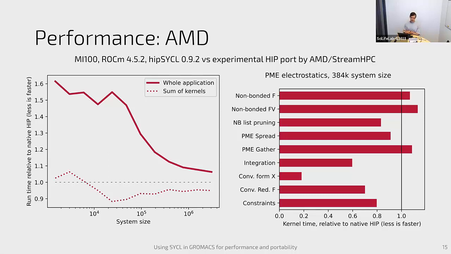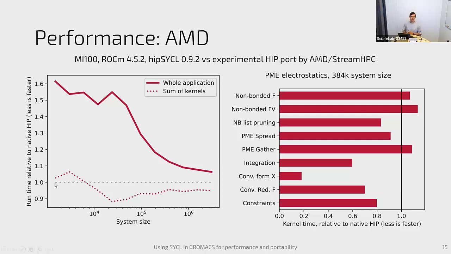And in our investigation, we found out that it's related to the host submission latency. So molecular dynamics is an iterative problem. We want to do many iterations per second. We want to submit a lot of work.